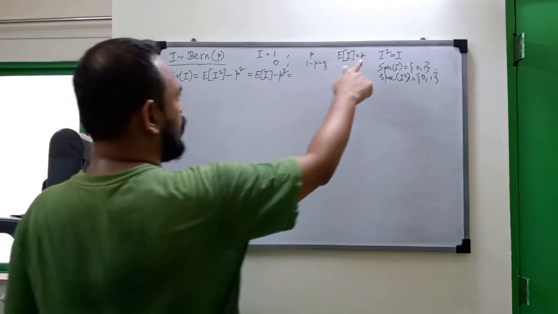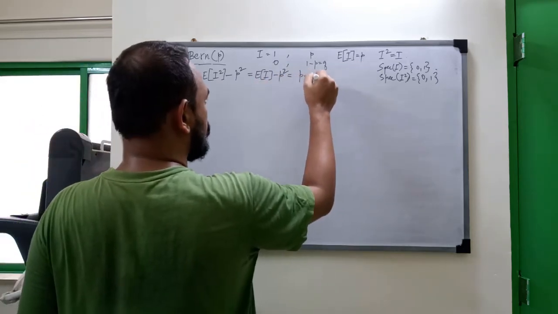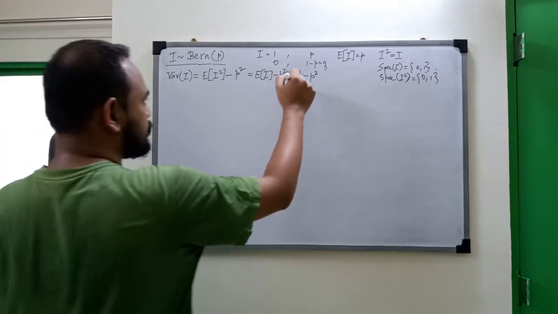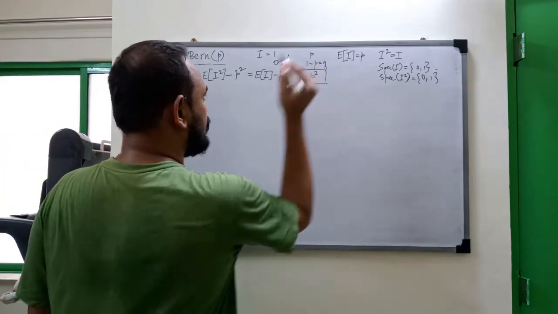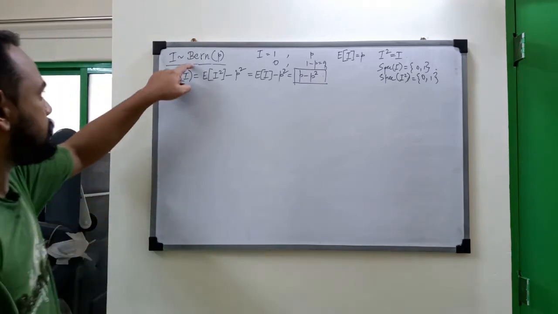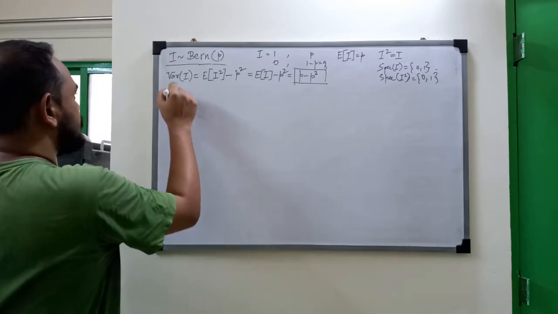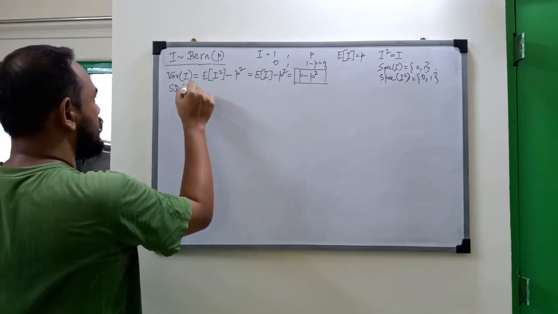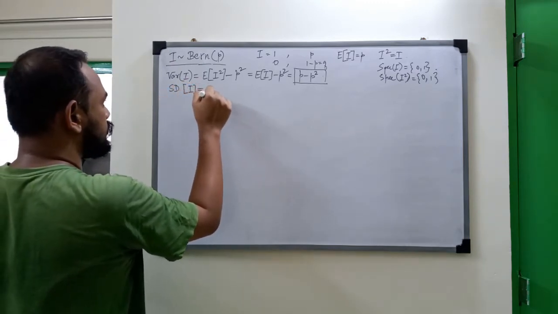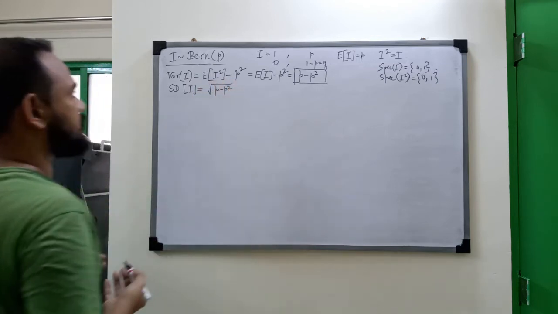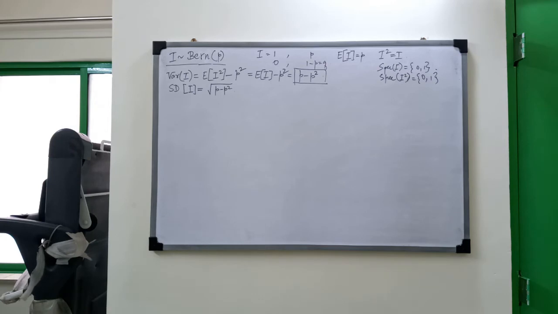What is expectation of I? It is P. So P minus P square, and that's the variance of I. That's the first variance that we have found. If I is a Bernoulli P trial, its variance is P minus P square. If you want the standard deviation, you just take the positive square root, so you get root of P minus P square.